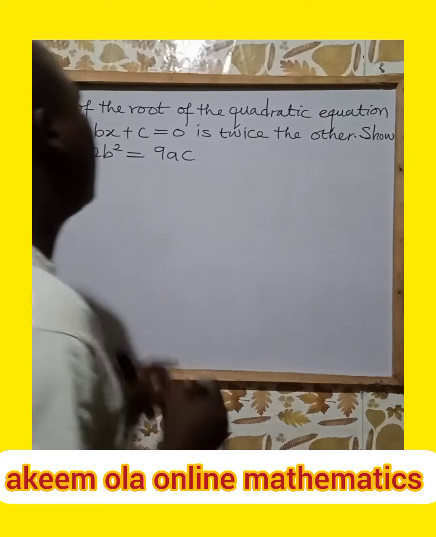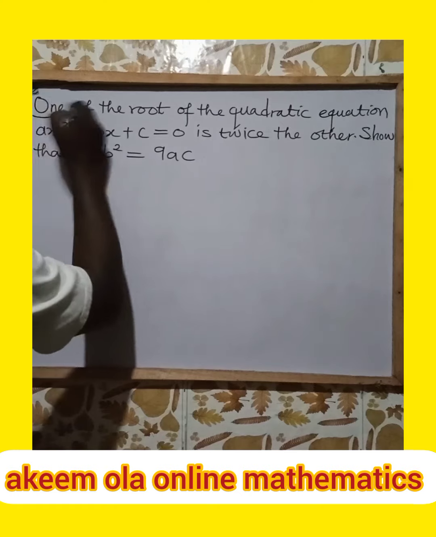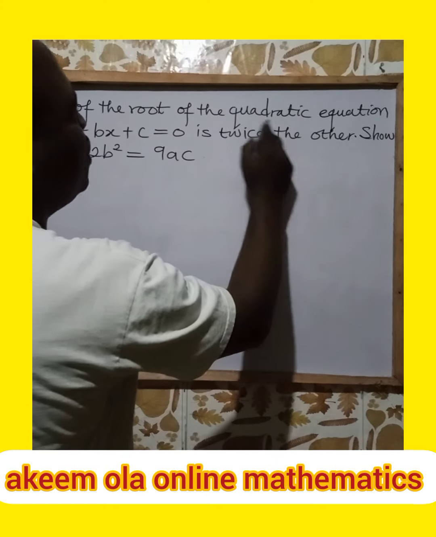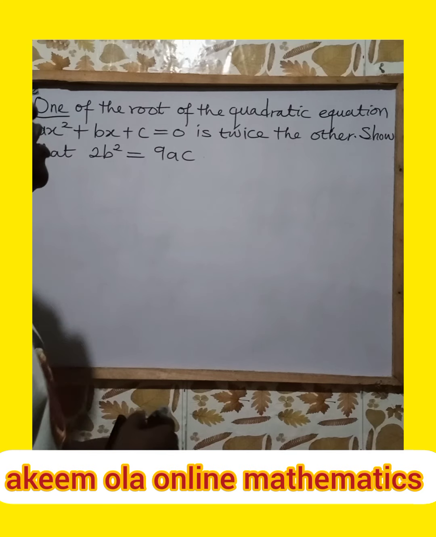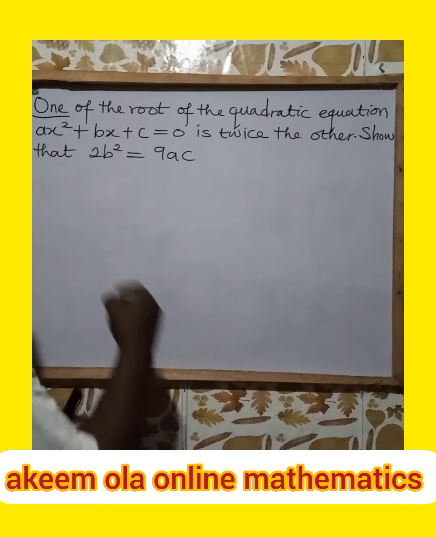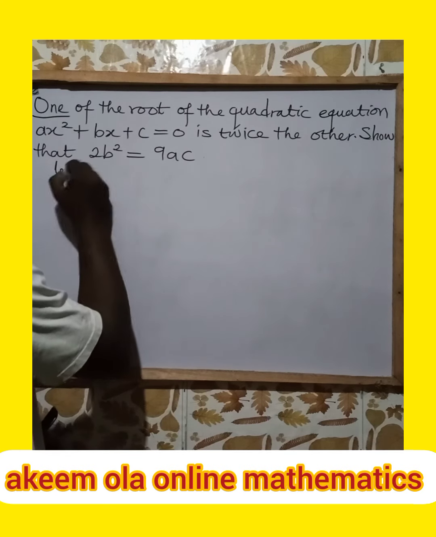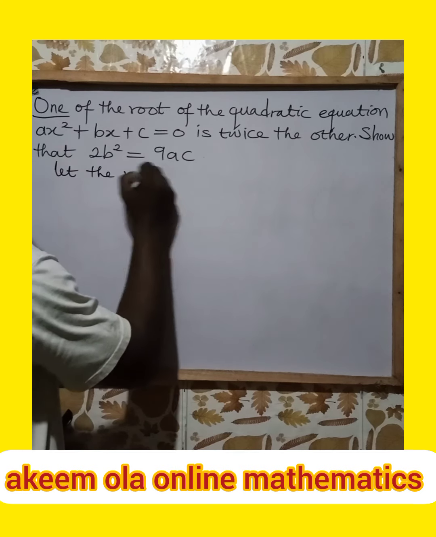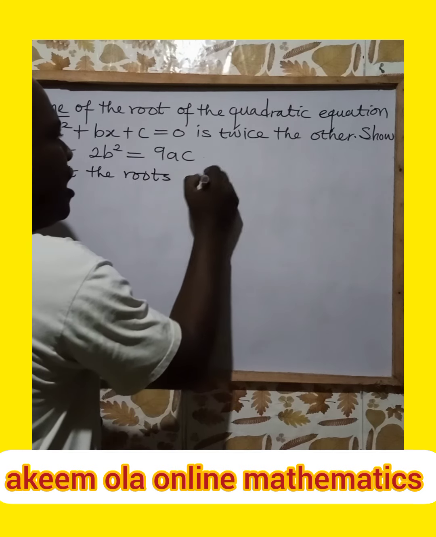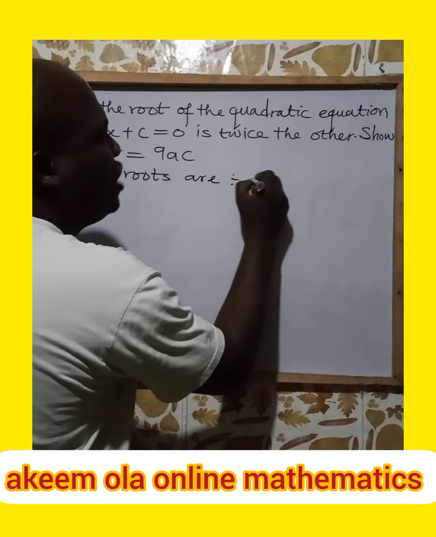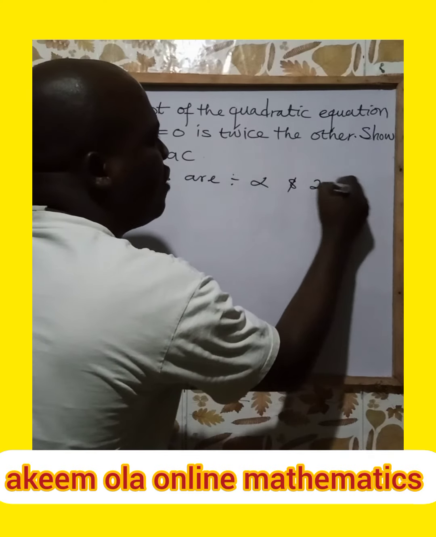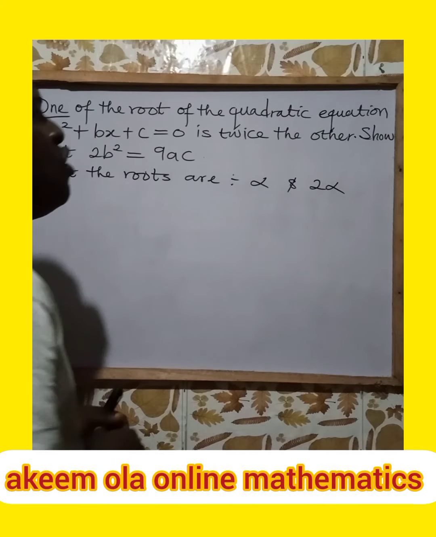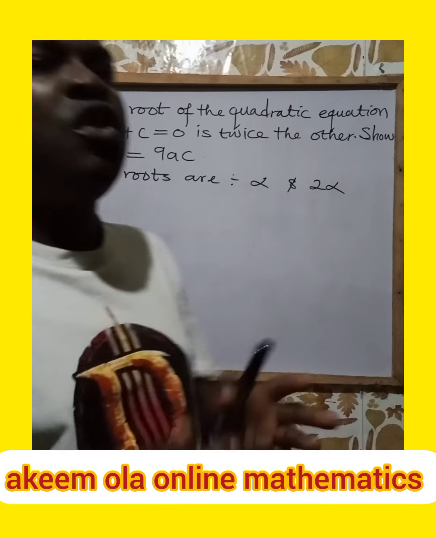Now let's go. We have one root of the quadratic equation ax squared plus bx plus c equal to 0 being twice the other. That means I can write, let the roots be alpha and 2 alpha, because they said one root is twice the other.